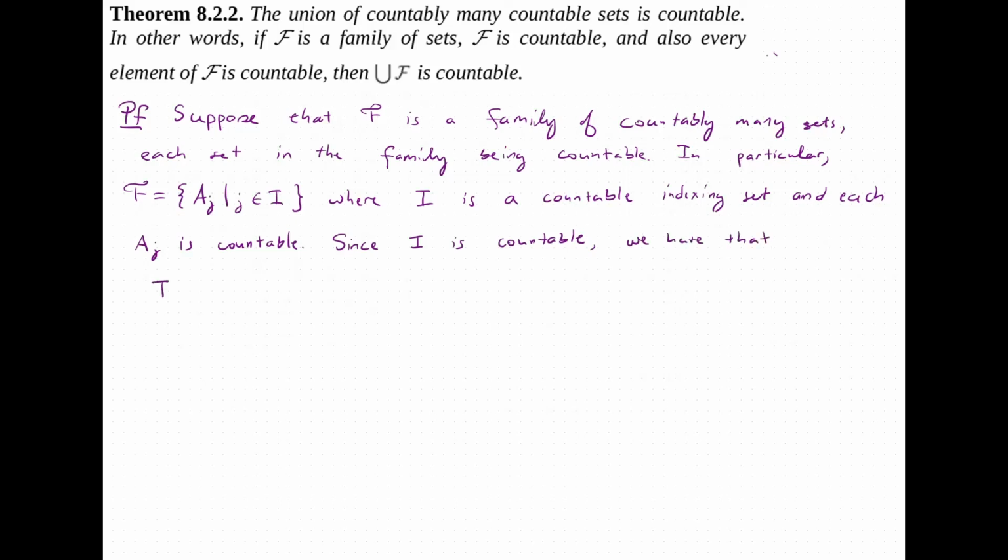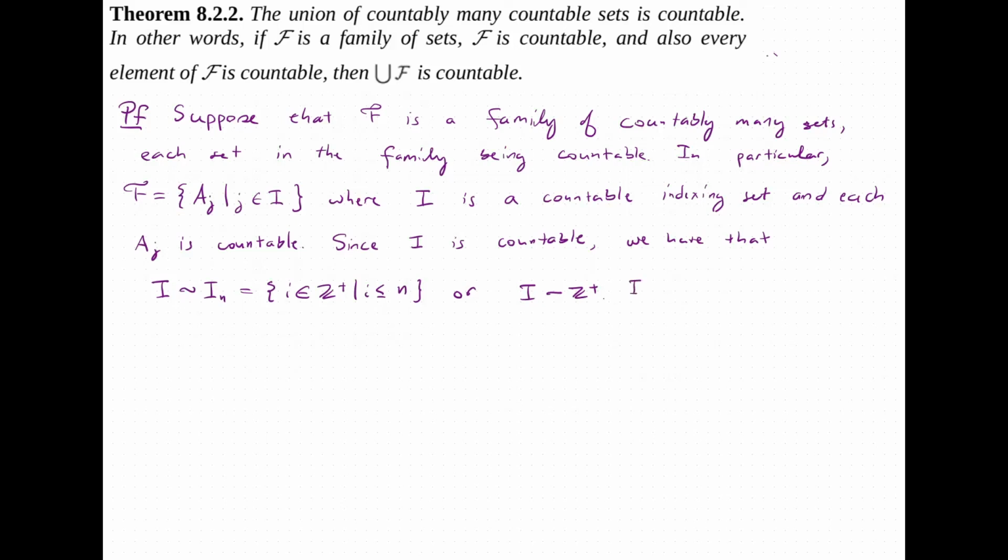We have that I is equinumerous to I sub n. Just notice, bad notation here, but this I sub n has nothing to do with I; it is just those i's in the positive integers such that i is less than or equal to n. Or I is equinumerous to the positive integers.